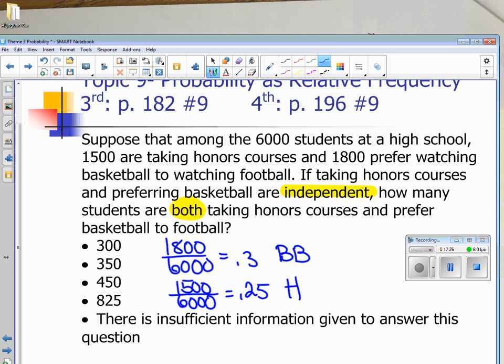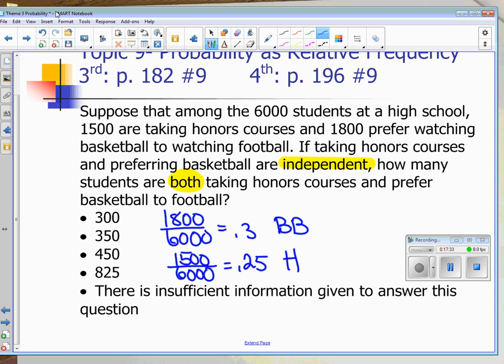So we want to figure out how many students both take honors and prefer basketball. So it's just a matter of multiplying them together, 0.3 times 0.25. And hopefully you guys got 0.075 here. And since it said how many, how do I go back and use that probability? Multiply that times the 6,000. And when I do that, I get 450.